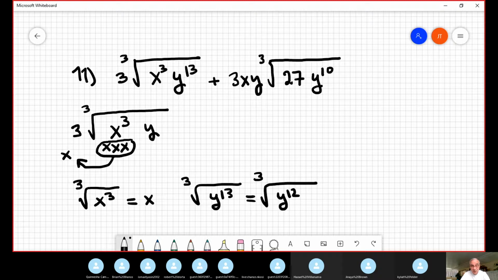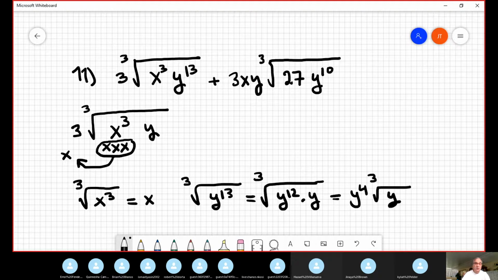So in my mind, I break down 13 like y to the 12 and y to the 1. You know, 1 is invisible. If you want, you put it, you want, no 1. That's just 1. Likewise, 12 divided by 3 is 4. So y to the 4 outside and stay cubic root y.